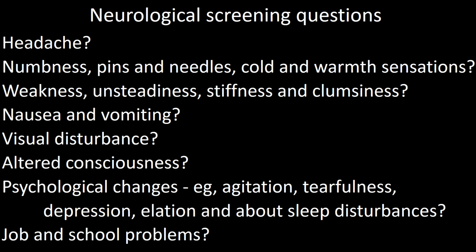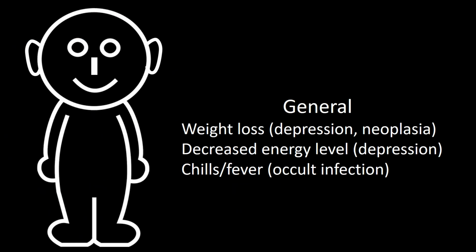I also like to include in the neurological screening questions a neurologically targeted review of systems. In the next few minutes, I will provide you with a list of relevant items to query. By the side, in parentheses, you will find the main neurological reason for these questions. Please read them as I mention each item.